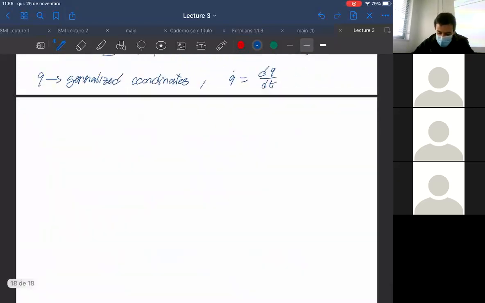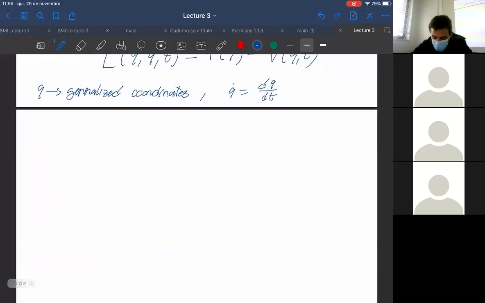And why is this introduction important? Because in field theory, we are going to use exactly the same principles. We're just going to change the dimensions. In order to obtain the so-called Euler-Lagrange equations, there are a few things we need to take into account. For example, we have two endpoints.